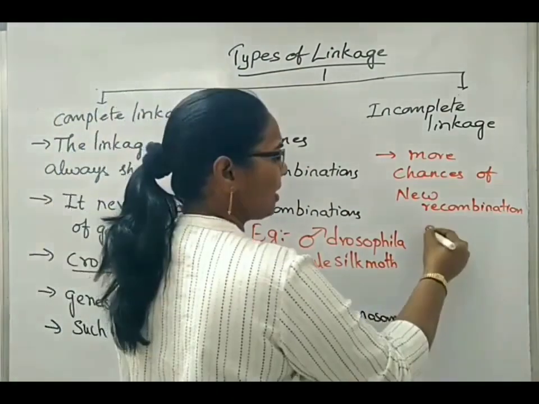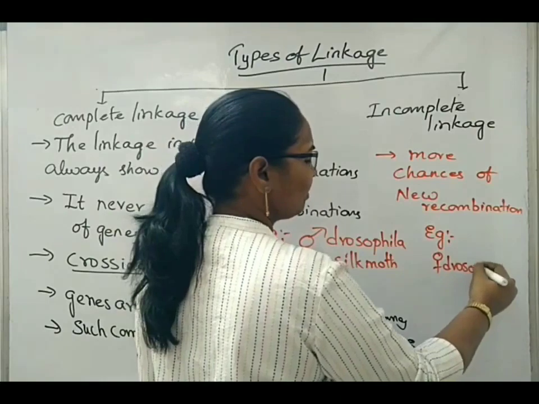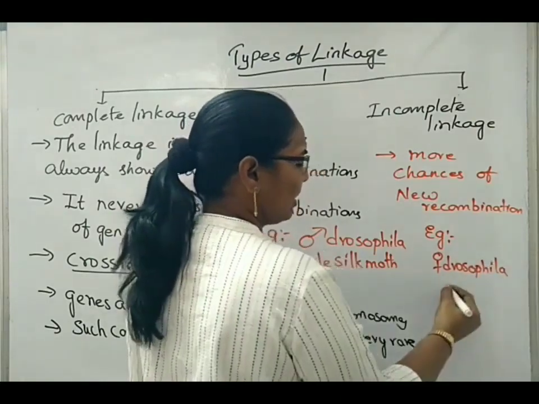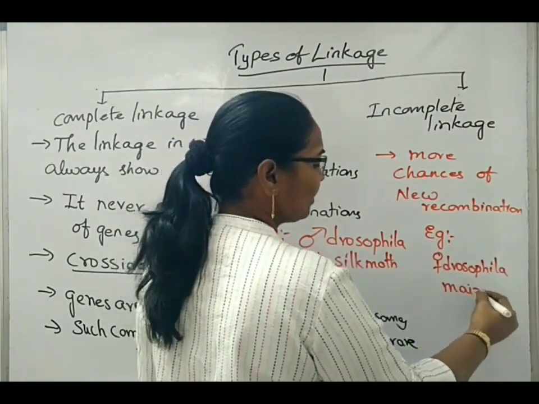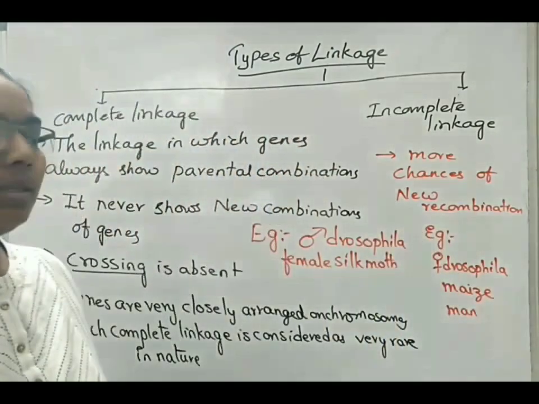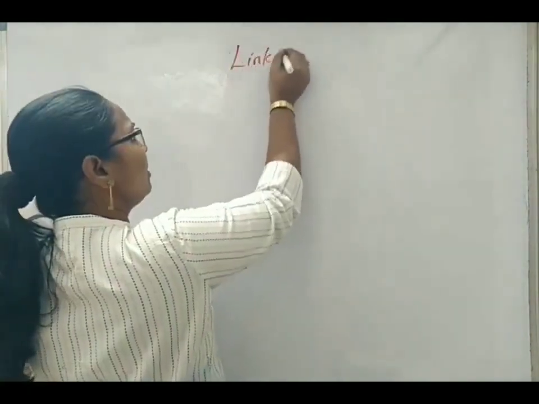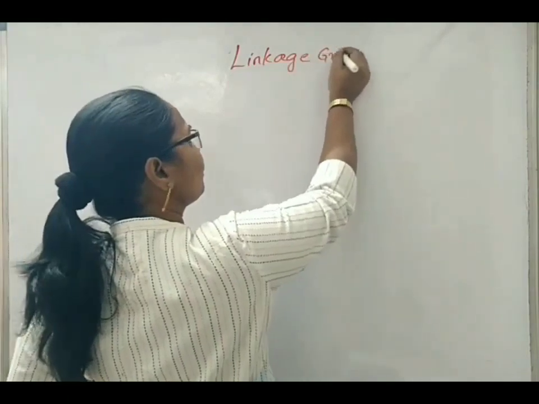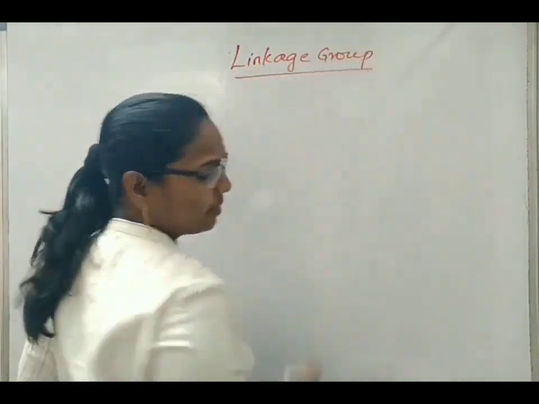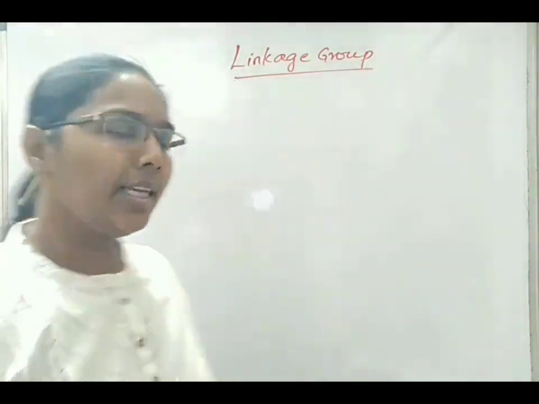Here we can take examples like female Drosophila, the maize plant, and human being or man. So these are the differences between complete linkage and incomplete linkage. Linkage group: all genes on a single chromosome form one linkage group.